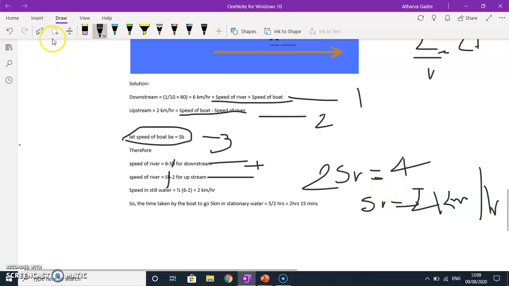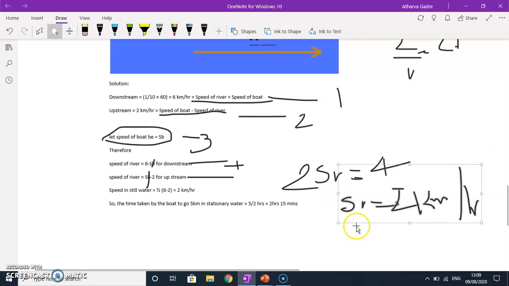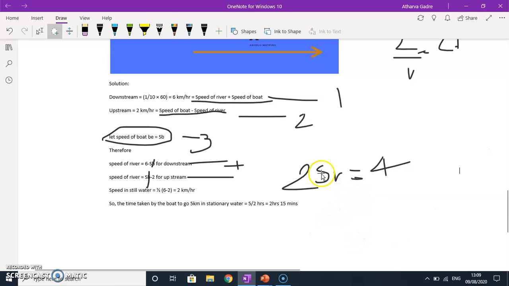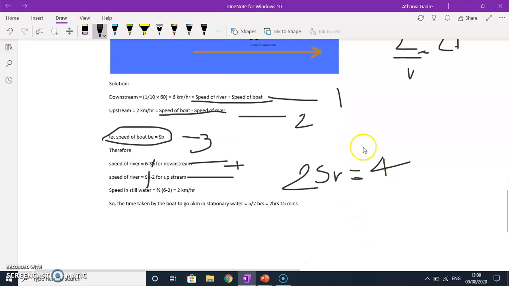I'm sorry, the writing is bad. So we can say that the speed of the river comes out to be 2 kilometers per hour. Therefore the speed of the boat in still water would be 4 kilometers per hour.